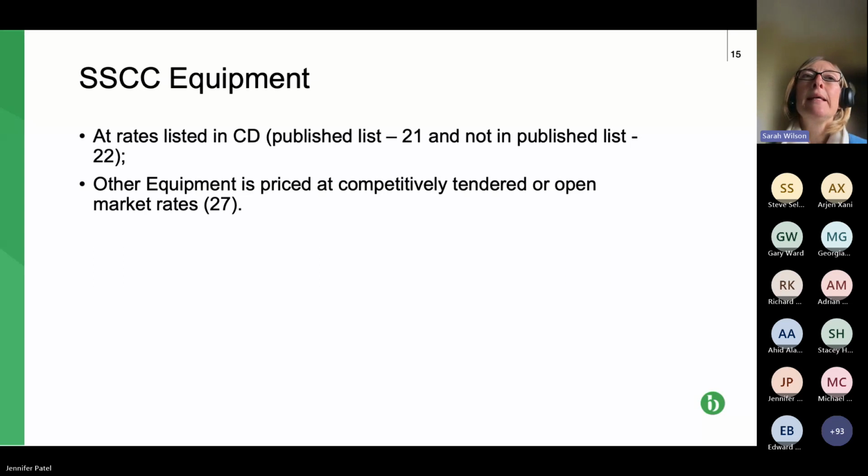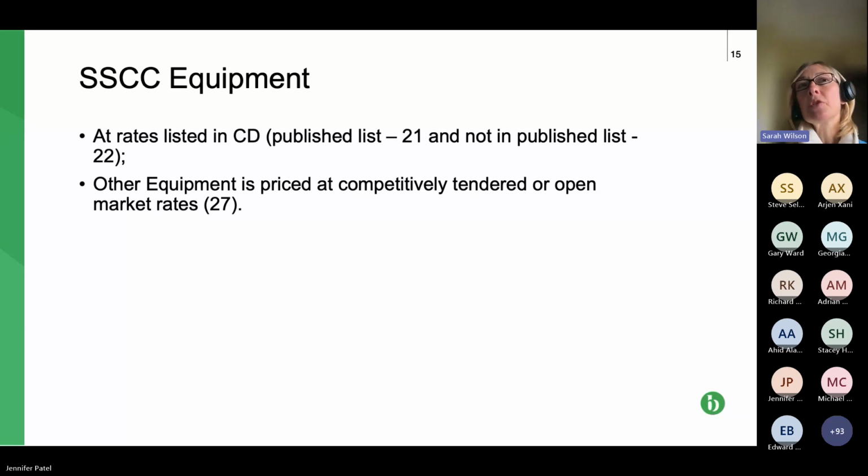And then the second option, which is the sort of fallback, the sort of coverall, is that anything else, anything that's not in the published list mentioned in the contract data and not in the specific equipment mentioned in the contract data, is priced at competitively tendered or open market rates.